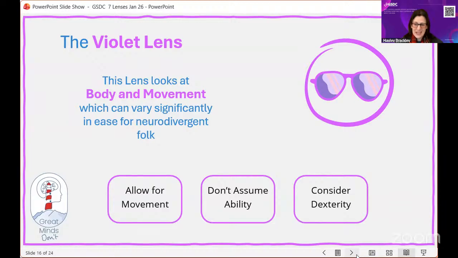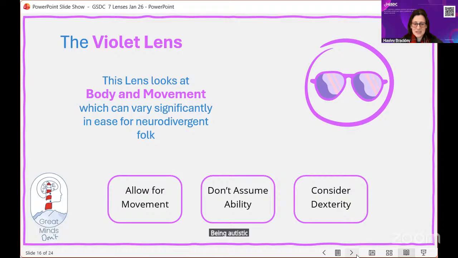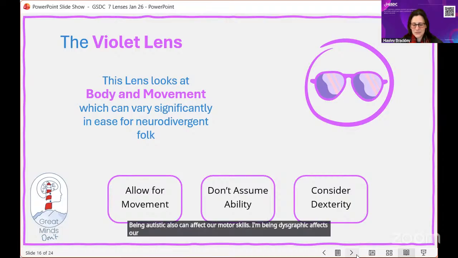So often, again, we have that normative bias that helps us assume ability. We assume, for example, that everybody will be able to throw and catch a ball. For some who are neurodivergent, things like dyspraxia, which affects our motor skills, being autistic also can affect our motor skills, and being dysgraphic affects our fine motor skills.